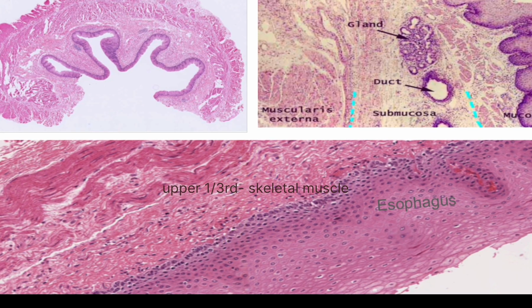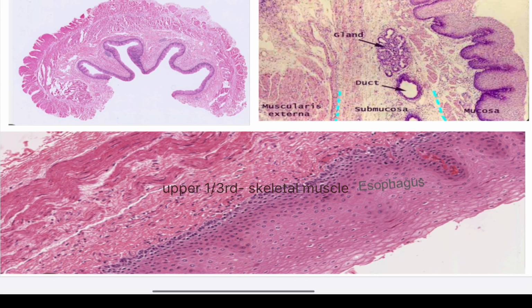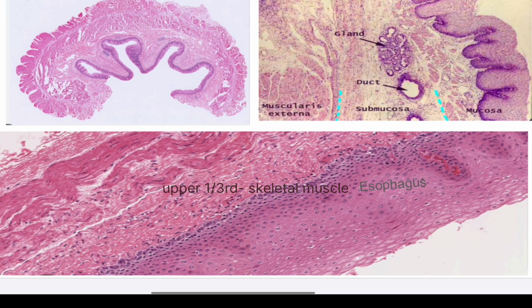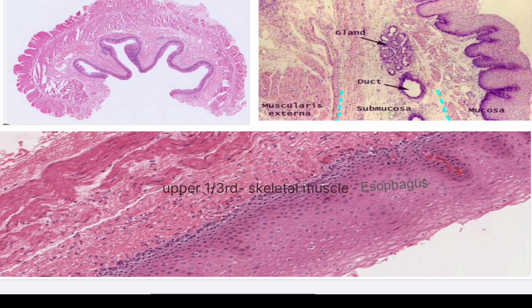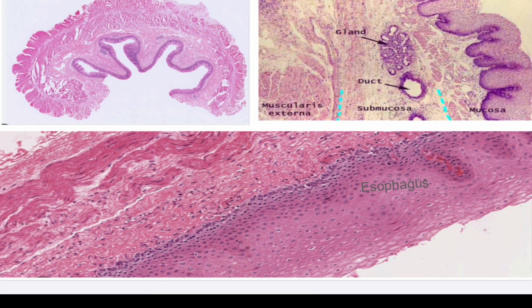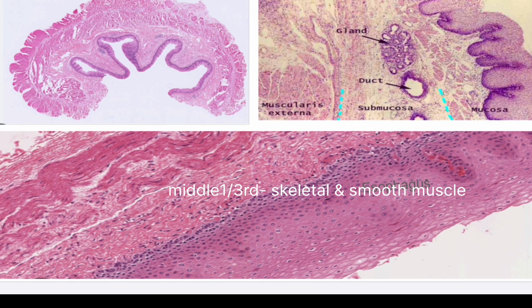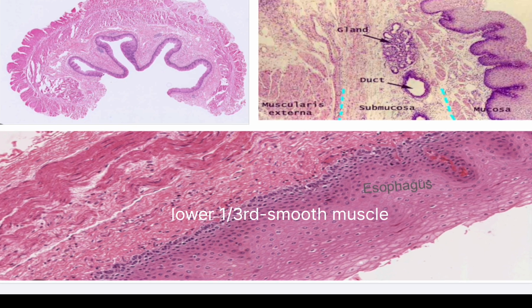It is because of the need for the voluntary act of swallowing, which has to be done by skeletal muscles, because skeletal muscle is voluntary. In the middle third, we will find a mixture of both skeletal and smooth muscle, and in the lower part we will find smooth muscle only.